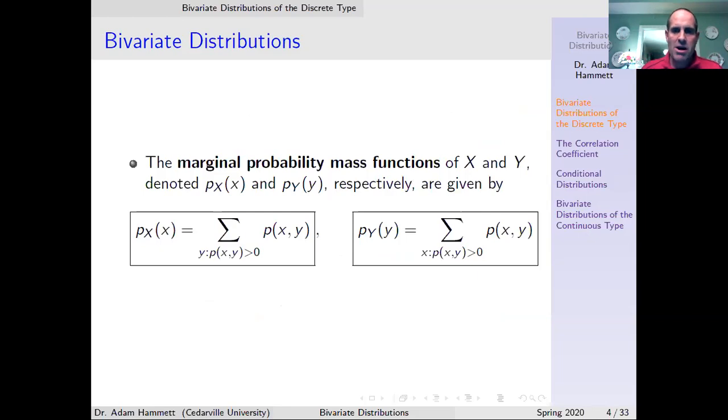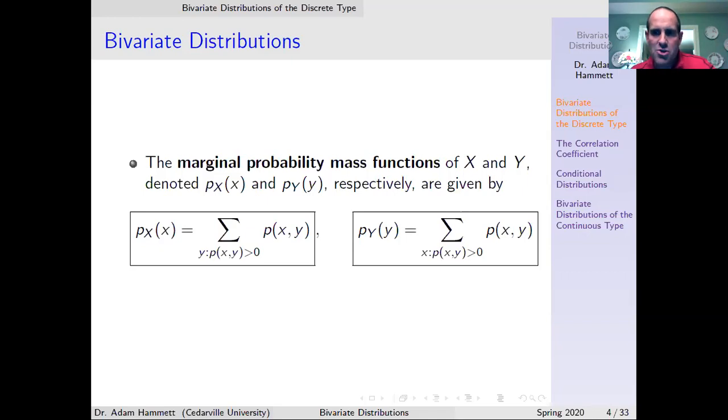What about the individual random variables themselves? It turns out we can take the joint PMF and extract just the ordinary PMF for each one. We call those the marginal PMFs. Marginal just means that you're trying to get rid of one of the variables.